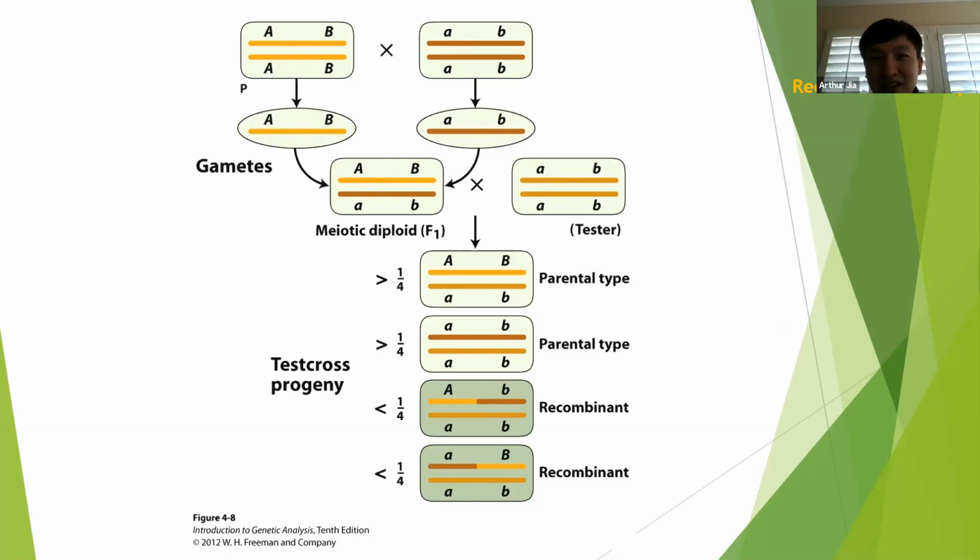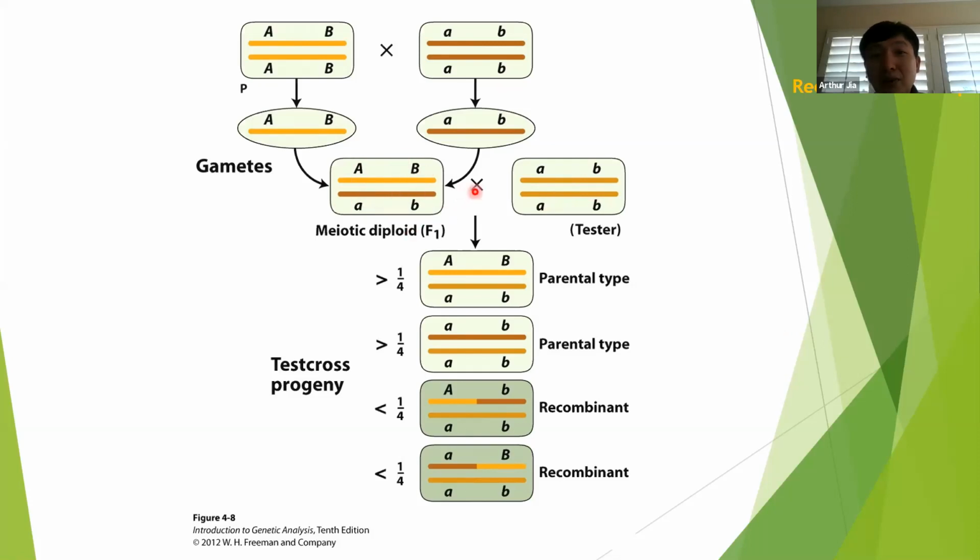But you see the color is a little bit different because we want to differentiate this tester from the original parental line here. But the alleles are the same. The reason is that we want to use this tester, which cannot hide anything from this F1 parent, because we want to just show what is happening in this F1 individual.